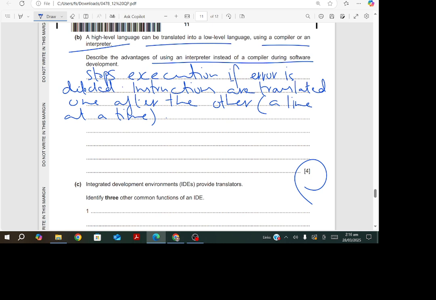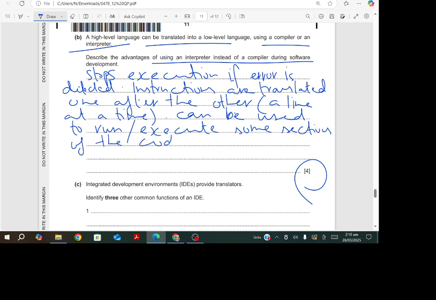That is 2 points, and after that, what can you write? You can write that if there is a program which requires a real-time application, then in that case using an interpreter is the best thing to use. Yes, also it allows us to check and execute, run a particular section of code. It can be used to run or execute some sections of the code.